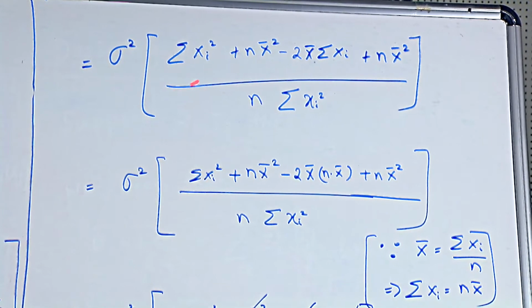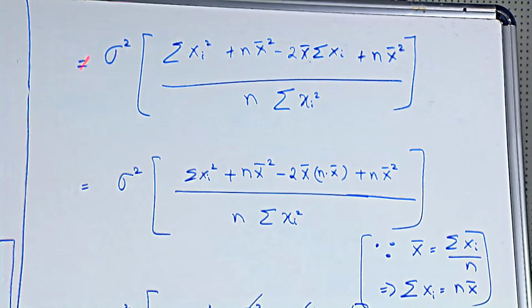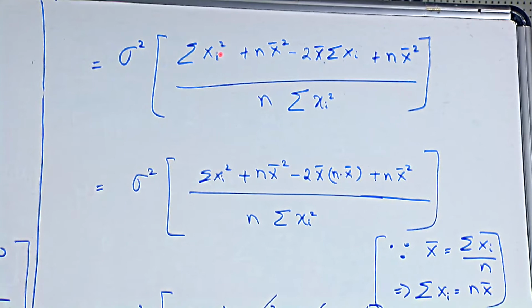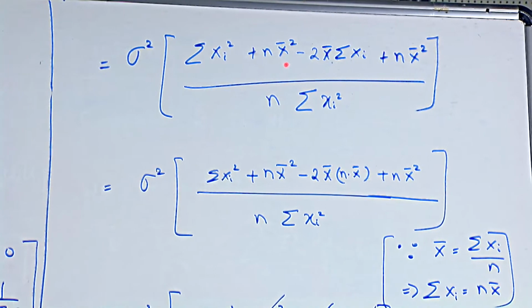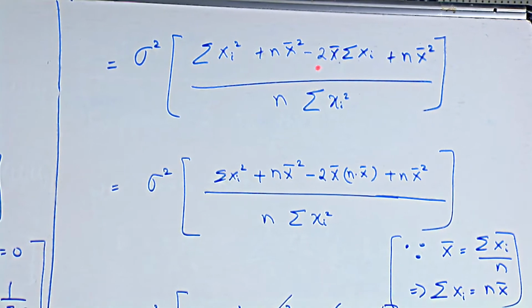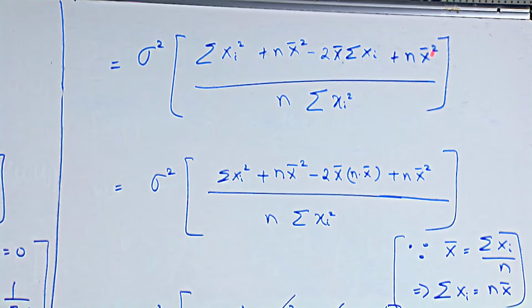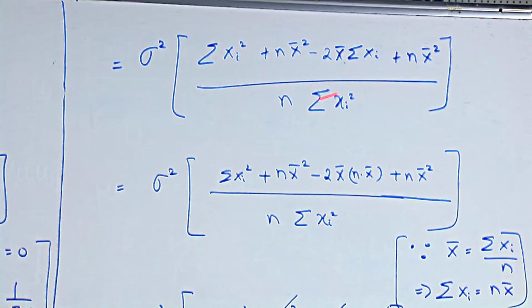So now the expression becomes sigma square into sigma capital Xi square plus n into x bar square minus 2x bar into sigma xi plus n x bar square whole divided by n into sigma small xi square.